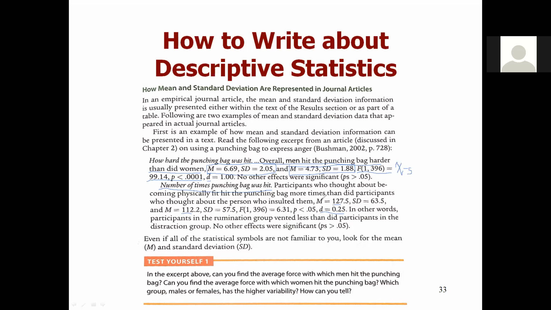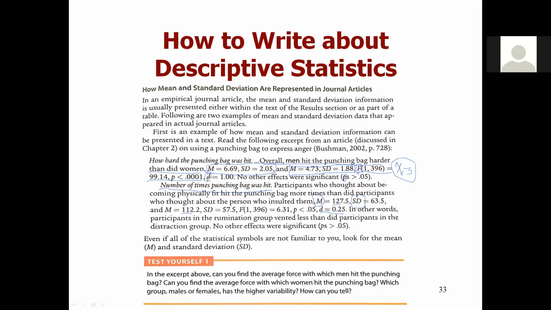Note, that's an important point for us, that all statistical terms, mean, standard deviation, this F is the name of statistical test, ANOVA. You will have chi-square. All of those, and P as well, which is probability. We won't do effect sizes.